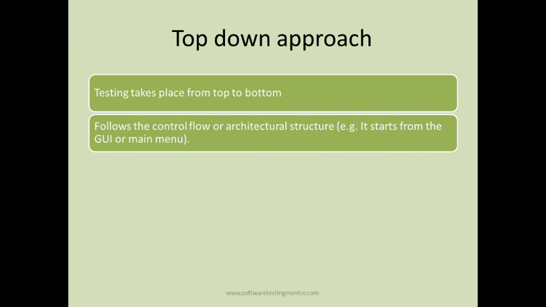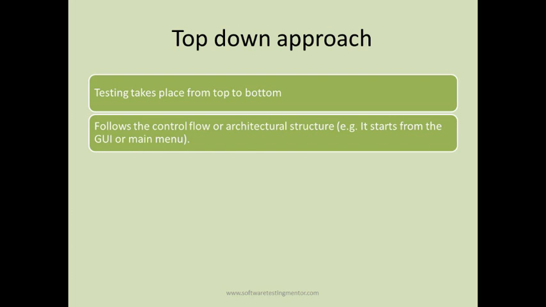So suppose you have an e-commerce website, which has a login module, which has a graphical user interface or main menu. So testing will start from that login screen. That's the top-down approach: from the first screen, that is the login screen. The first module to test will be the login screen, and then you follow the architectural structure below that module.